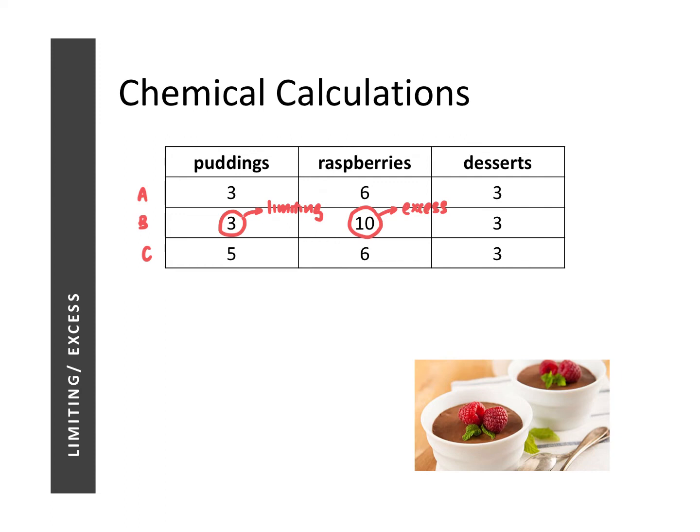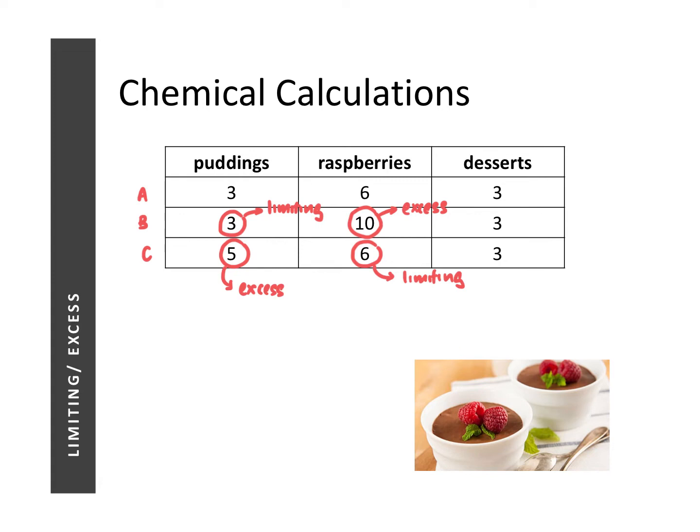Similarly, for scenario C, even though we have more puddings now, we are limited by the number of raspberries. So the raspberries in scenario C are limiting. After making the dessert, we will have some puddings remaining, so the puddings would be your excess reactant. In scenario A, when we have 3 puddings and 6 raspberries, after we make the dessert, there will not be any pudding or raspberries remaining.